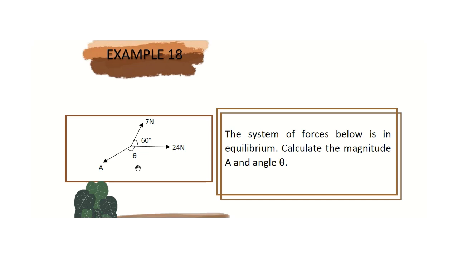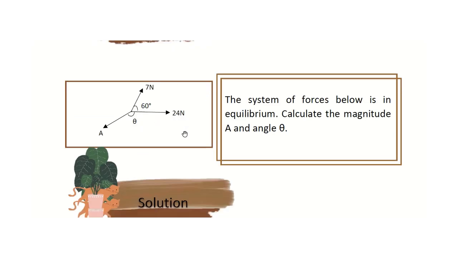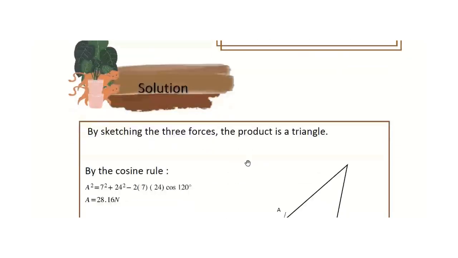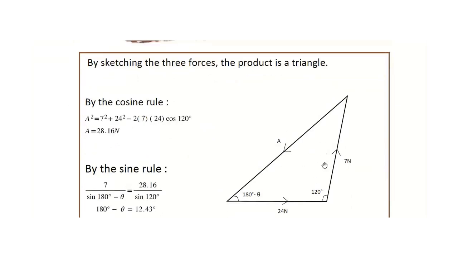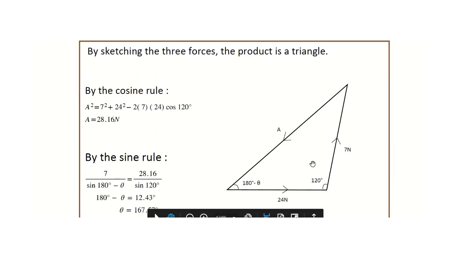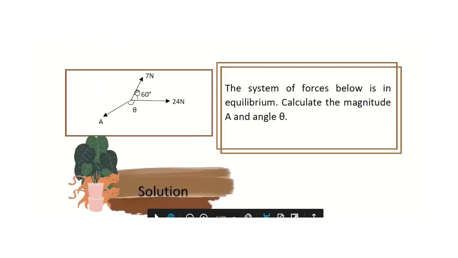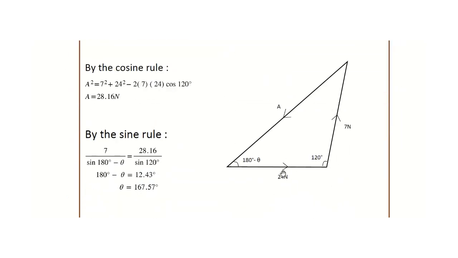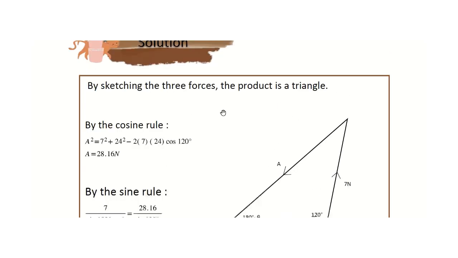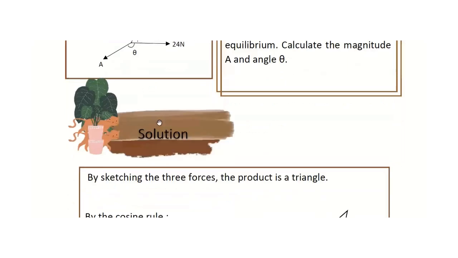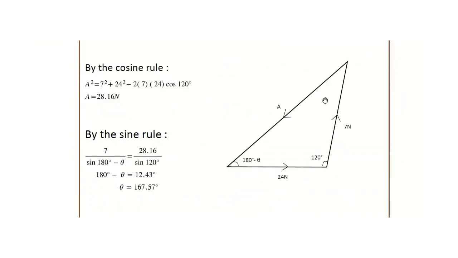So we can represent these three forces as a triangle. We connect the 7 Newton force and the 24 Newton force as a triangle here, and we connect force A here. Force A we bring here, so we get a triangle.